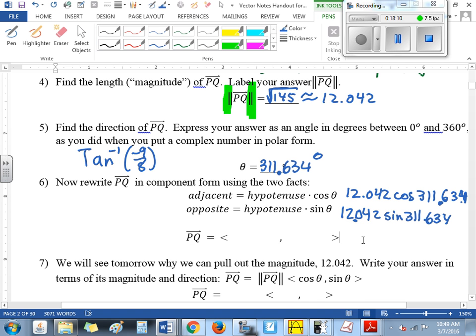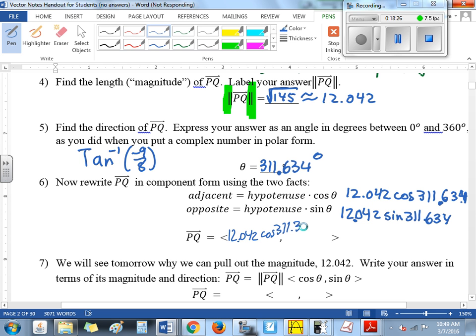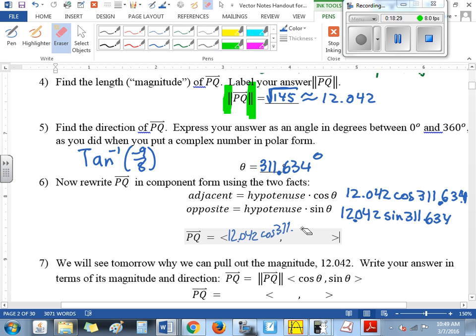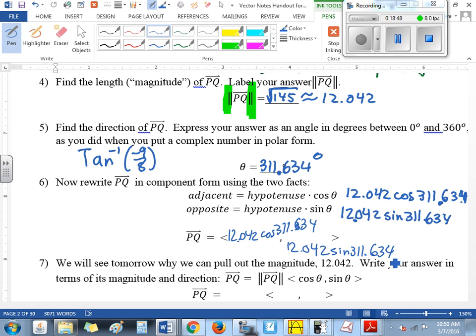So anyway, I'm going to put in 12.042 cosine 311.634, and then we have 12.042 sine 311.634. Okay, tomorrow we'll talk about why we're allowed to pull out 12.042, so we could write that in the front.